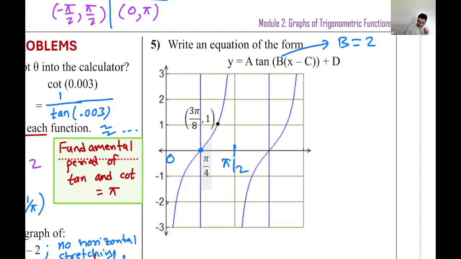Then I noticed that the shape is like the tangent, so I'm thinking from the tan point of view. The tan goes like that through 0, right? But this is shifted to the right. So there is a right shift which will be subtracted. So the value of c will be pi over 2.